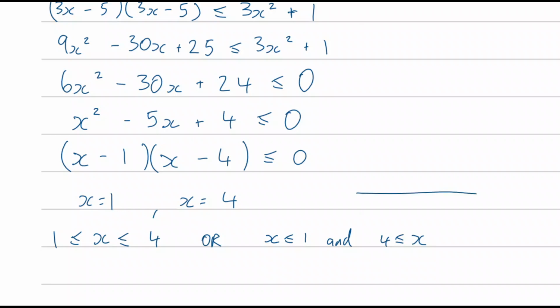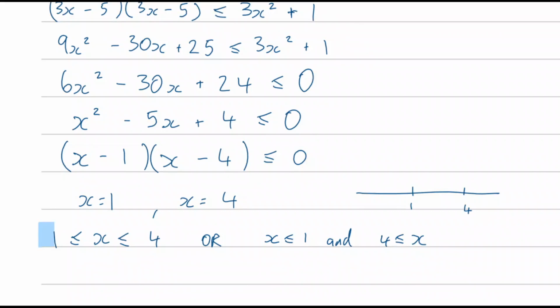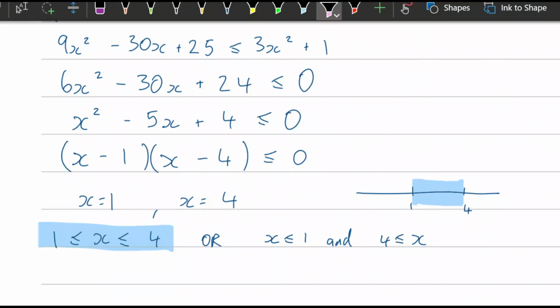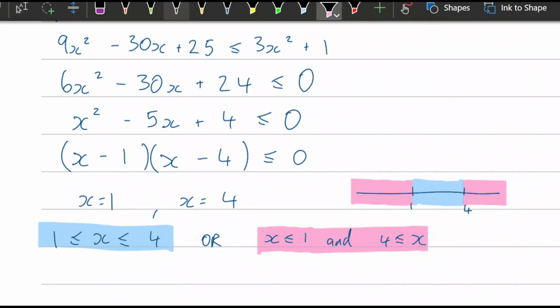Just on a number line, if we have 1 and 4, this solution is saying x is between those values, whereas x less than or equal to 1 and greater than or equal to 4 would be these values outside. So those are the two possibilities.